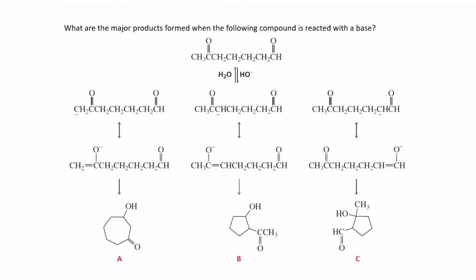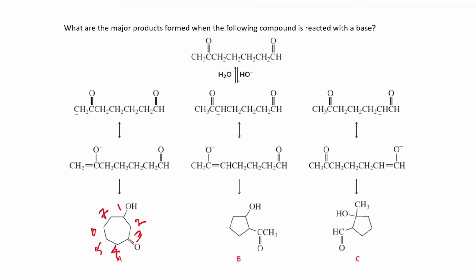The enolate that is produced first would be this. This enolate can undergo an intramolecular aldol reaction, and it gives you this ring. Let me number this ring so that we can understand this: 1, 2, 3, 4, 5, 6, 7.